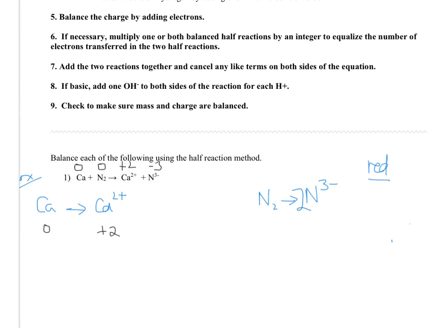So you always add the electrons to the more positive side. Between those two, this side is more positive, so that's where you add your electrons. In this case, we would need 2 electrons so that we can balance it, because then that would be +2, this would be a -2 for a total of 0 there.